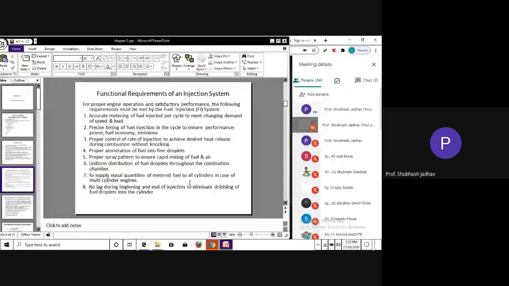Suppose 8 cylinders are there, then it has to be ensured that every cylinder gets an equal amount and equal quality of mixture, so that the engine will run smoothly. Or else vibration will happen, and that vibration may lead to problems in the engine. Due to higher vibration the engine may get broken, some parts may break, and then the maintenance requirement will be higher.